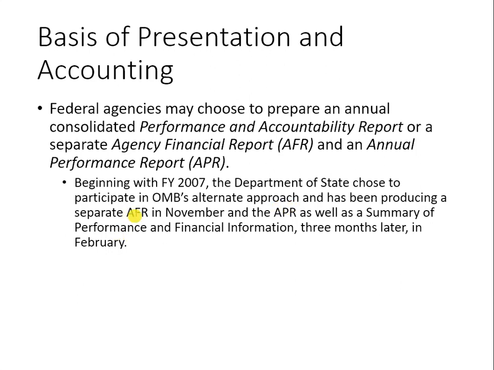One, the AFR, is issued in November, then the APR is issued three months later in February. The AFR has the financial reports and the discussions, then the APR has performance evaluations. We're going to talk about those things later on.